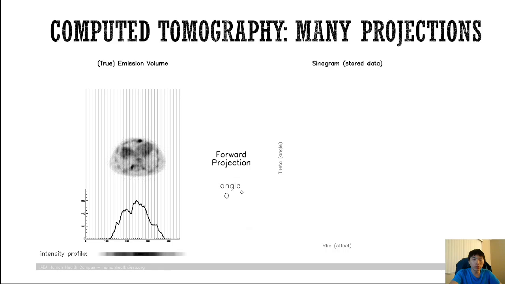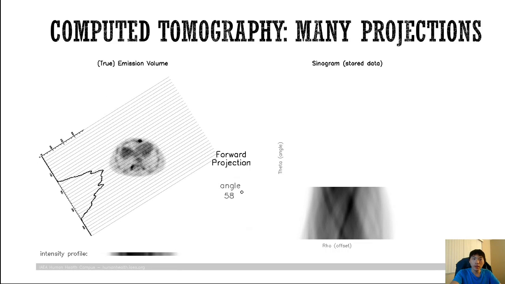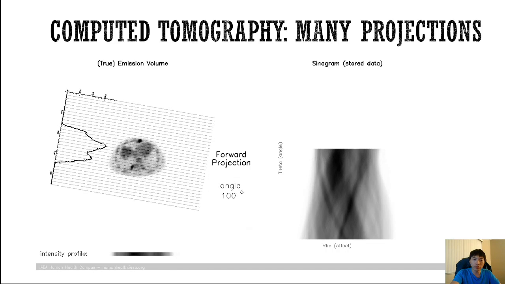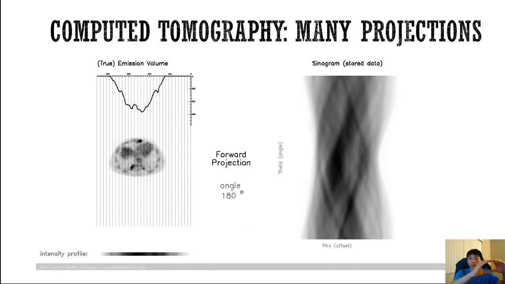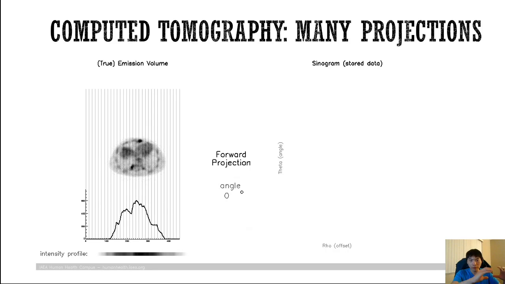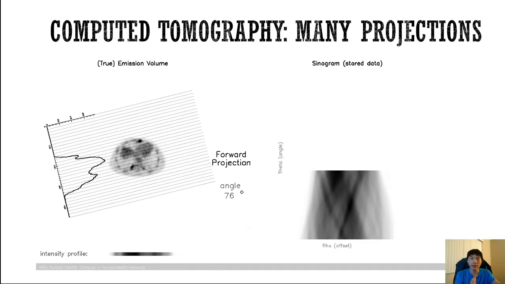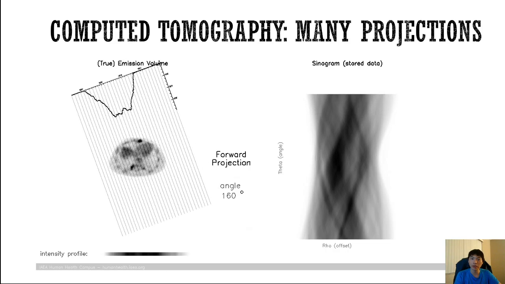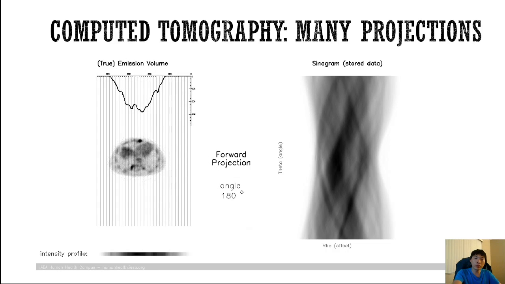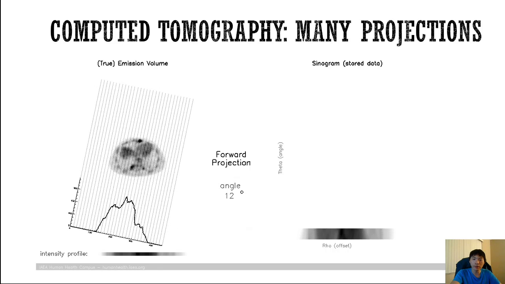Here, what you can notice is the sinogram is a little bit narrower in the middle, and that's because the object is oval, where it's thinner in the top to bottom dimension. The projection at 90 degrees, so for example right now, is a little bit narrower, and that's why the sinogram is a little bit thinner in the middle. So a sinogram really represents a summary of all the different projections at the different angles.